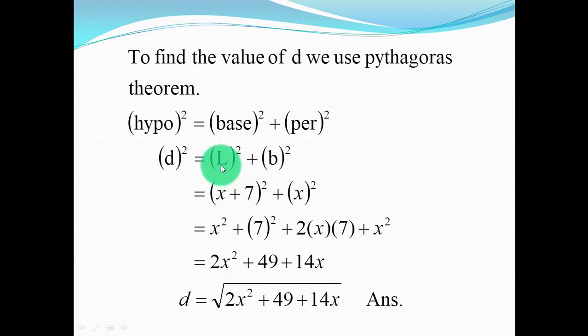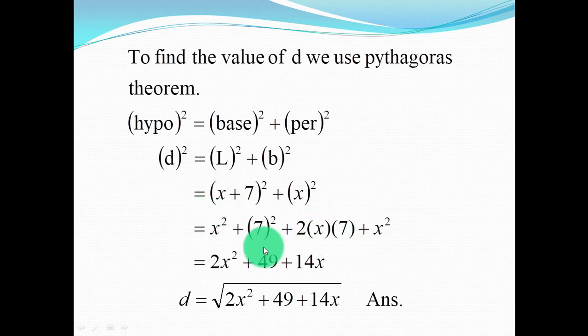So putting in the values, L is equal to x plus 7 and b is equal to x. Expand this square using the formula of a plus b whole squared: x squared and 7 squared plus 2 multiplied by x into 7.